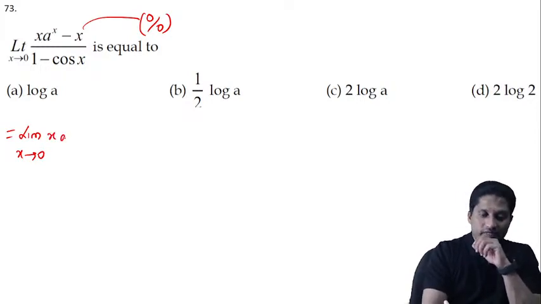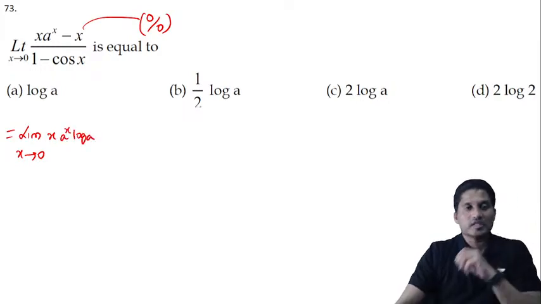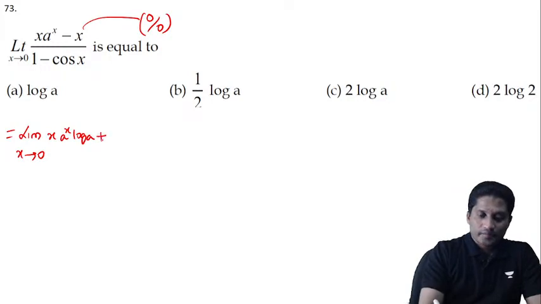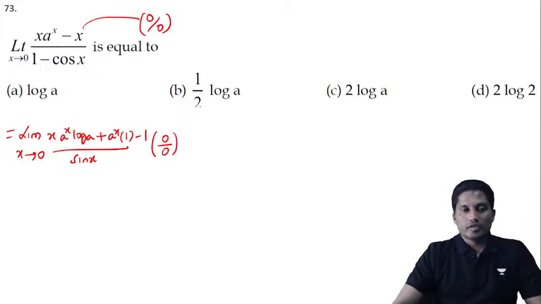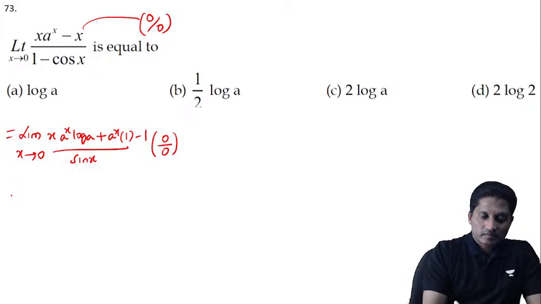Differentiation of a power x is a power x into log a to the base e. So first u into v dash plus v into u dash, and differentiation of x is 1, whole divided by differentiation of 1 is 0, cos x is minus sin x. This is 0 by 0 form again. We'll use L'Hopital's rule once again.